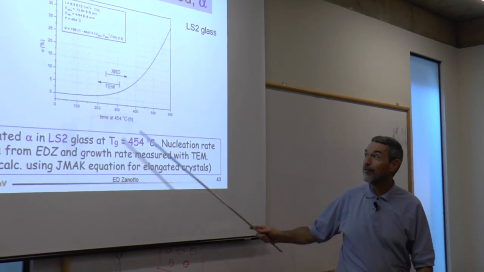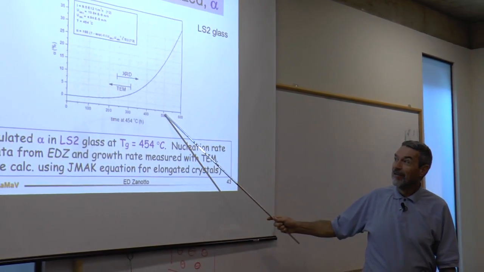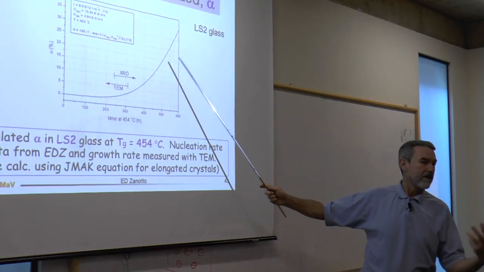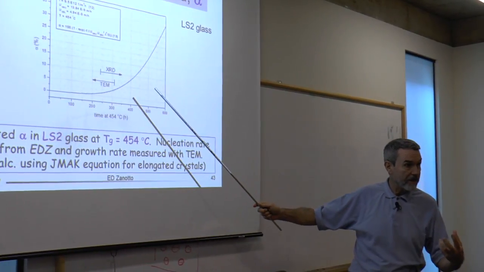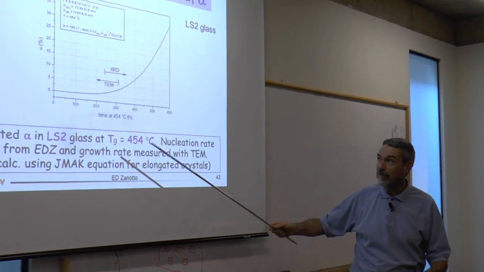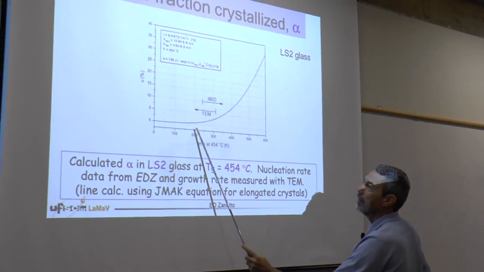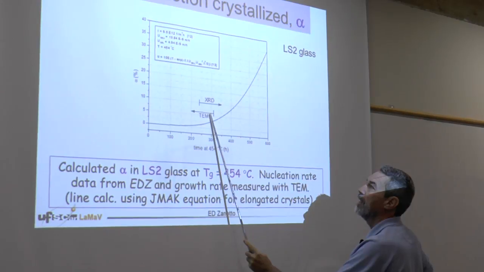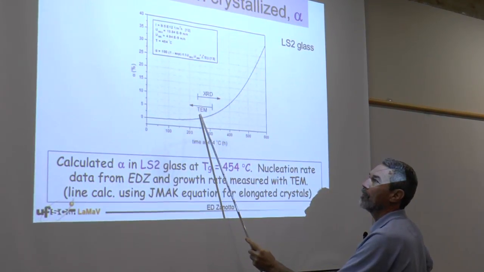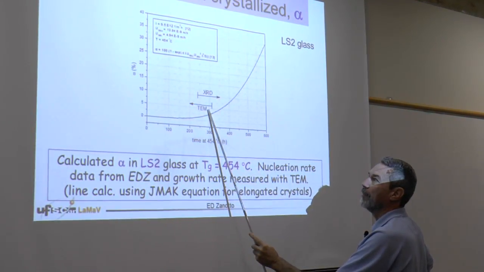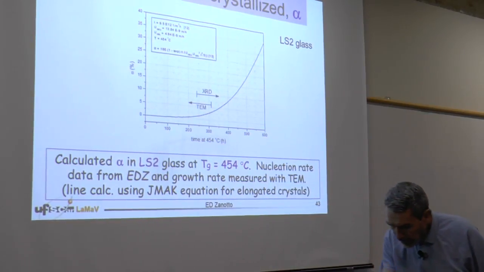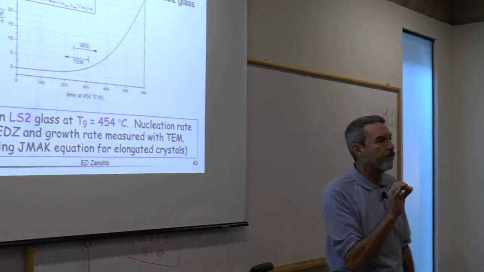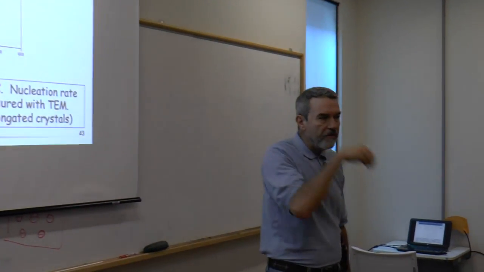So we waited for like 500 hours, heat treating this glass, and after 200 hours, we were able to do some transmission electron microscopy and look at particular crystals which were forming, and with an electron diffraction pattern, analyze if they were lithium disilicate or some metastable phase.